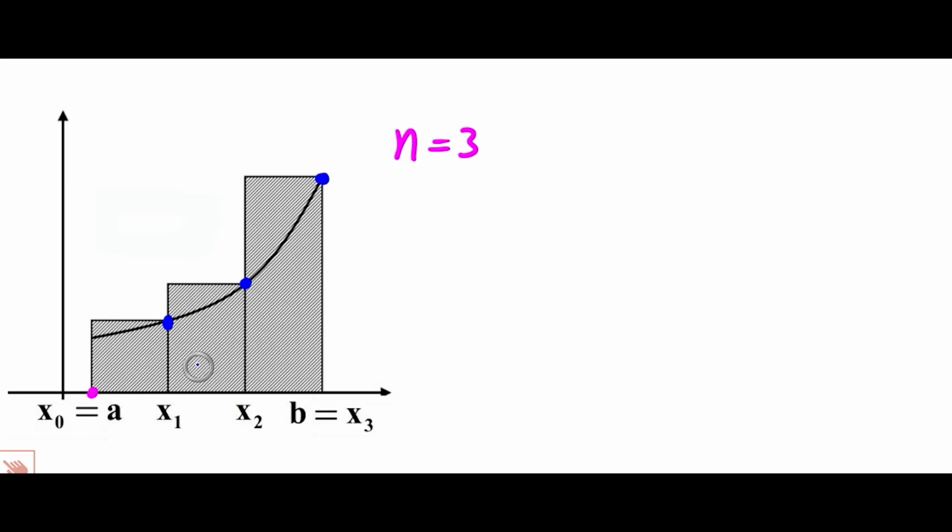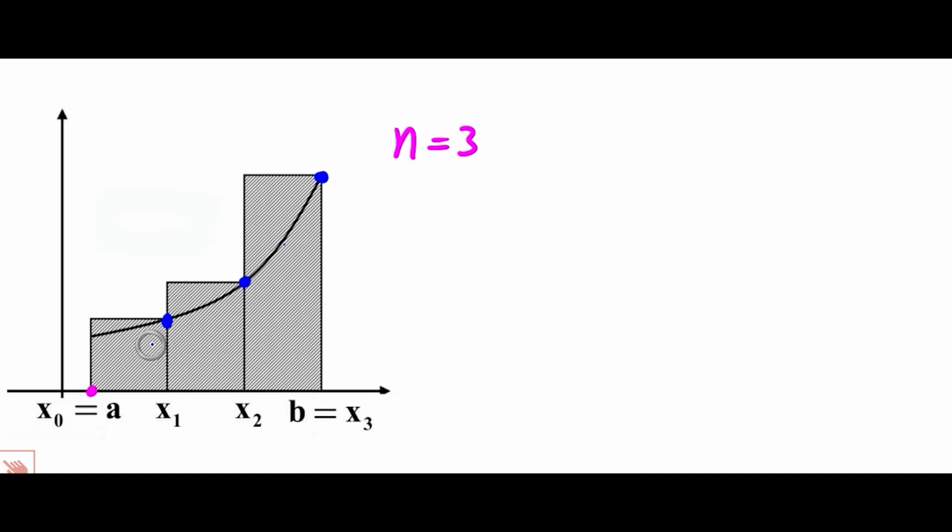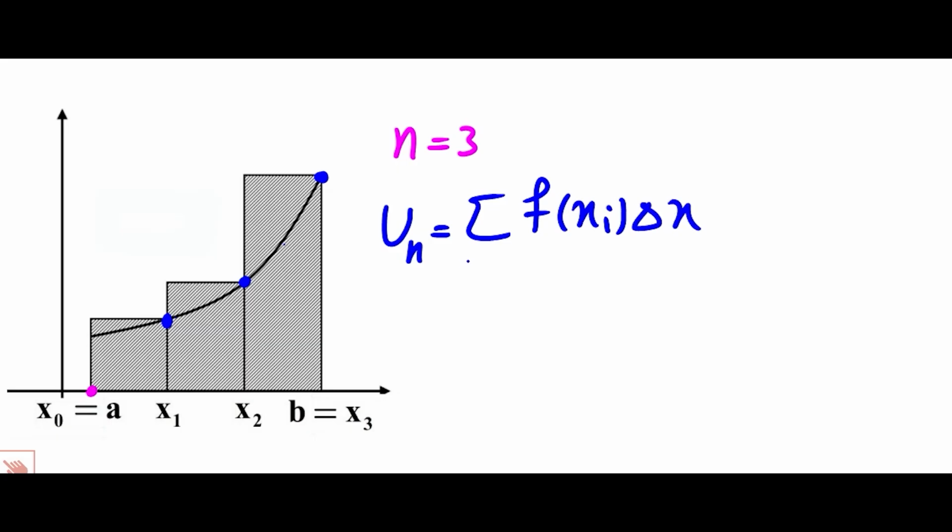And in this interval, we choose x2, and in this interval, we choose x3. This results in an excessive approximation, meaning an overestimate, where the rectangles exceed the curve. So we have the upper estimate: U n equals the sum of f of x i times delta x from i equals 1 to 3.